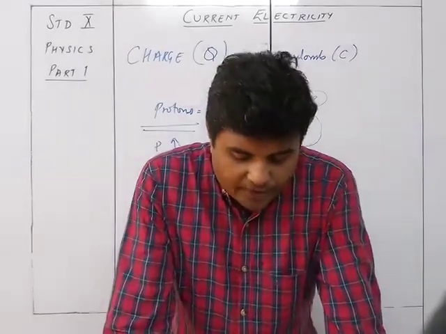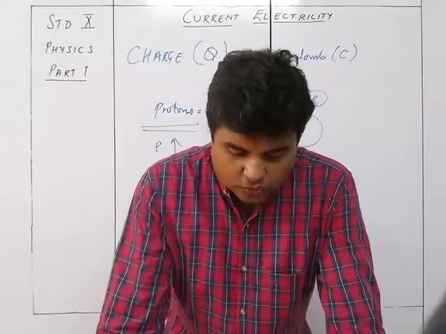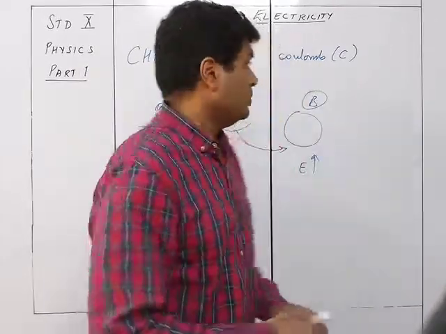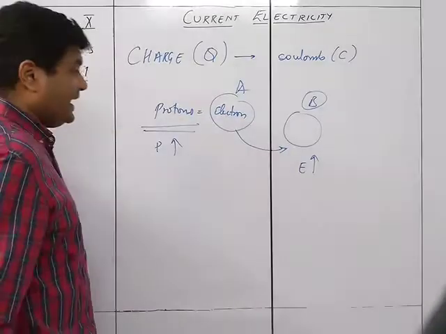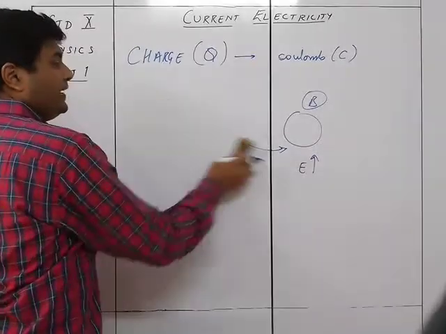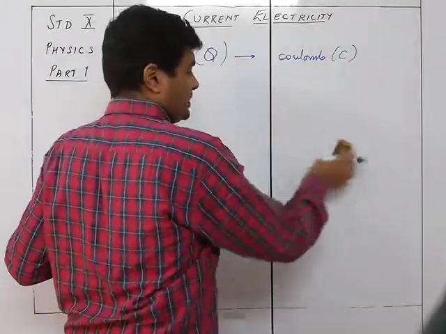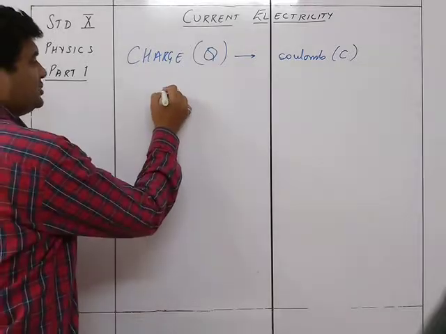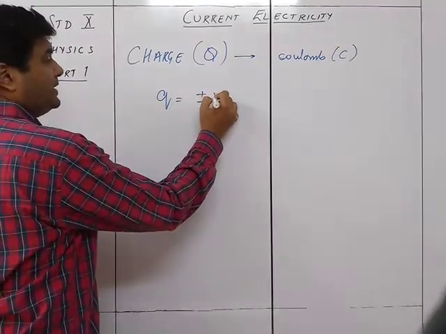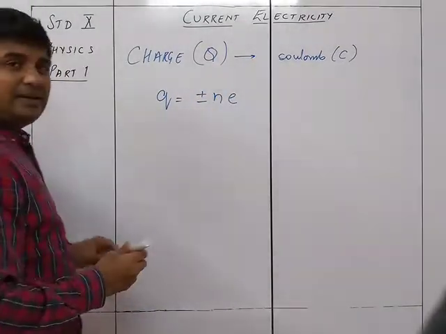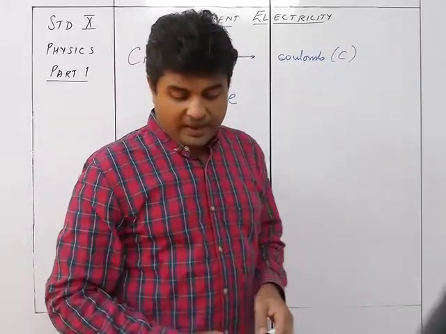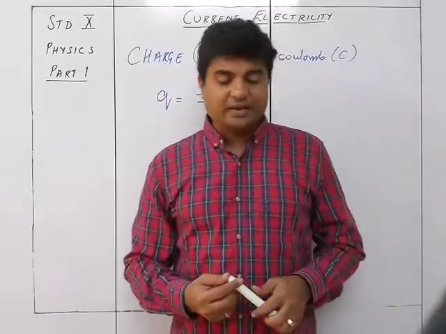Thus, the charge on a body is given as Q equals plus or minus Ne, where N is the number of electrons and E is the charge on each electron.